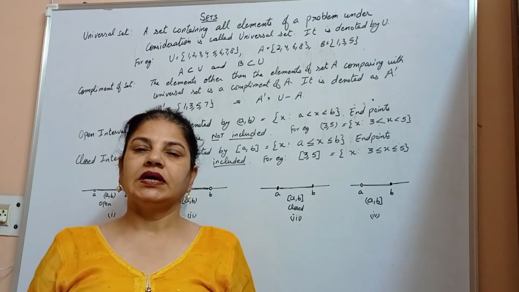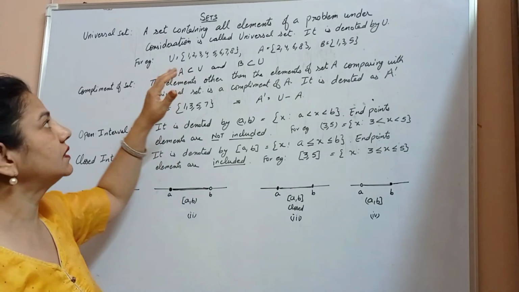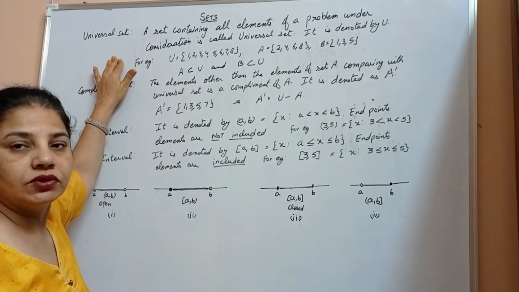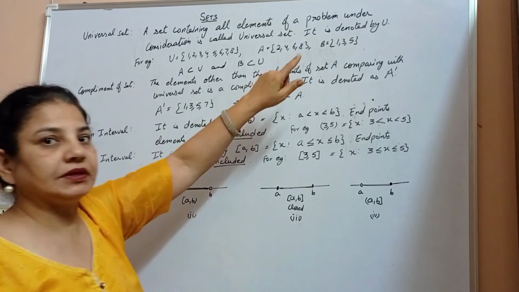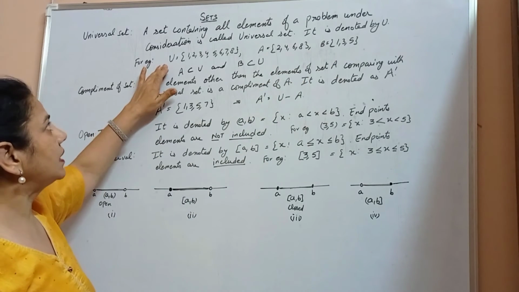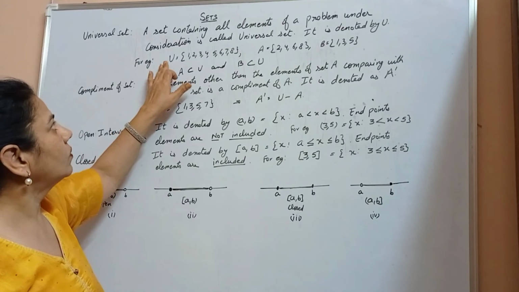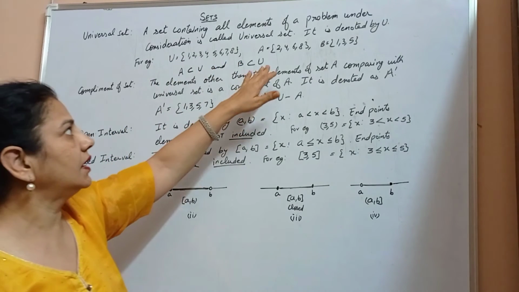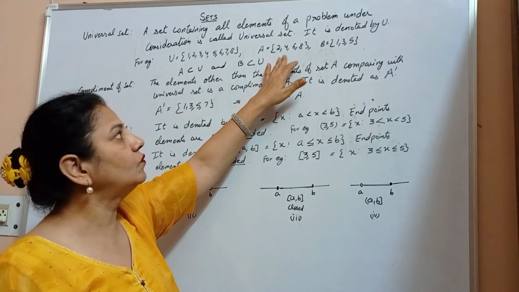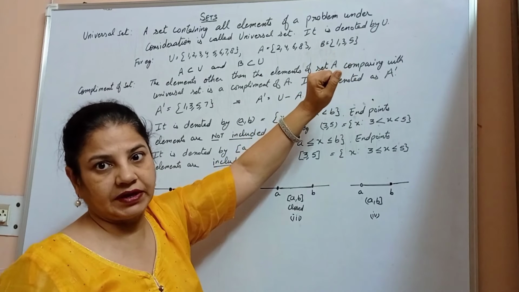Universal set. A set containing all the elements of the problem considered is called a universal set, and it is denoted by capital U. For example, say the universal set is 1, 2, 3, 4, 5, 6, 7, 8, set A has the elements 2, 4, 6, 8, and set B has the elements 1, 3, 5.